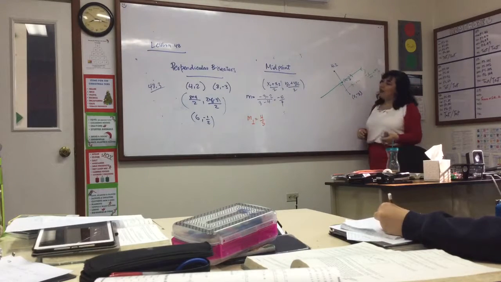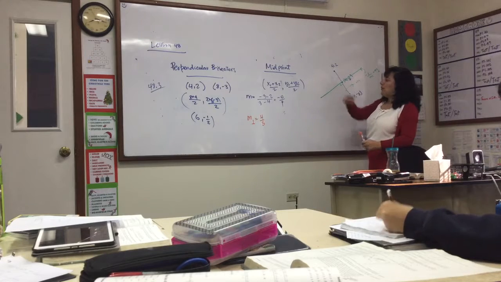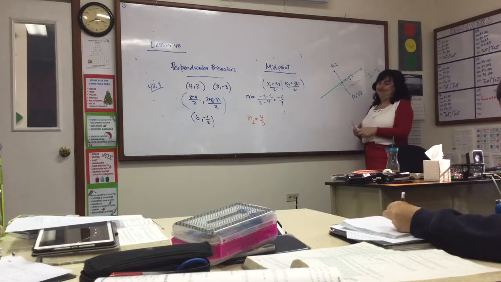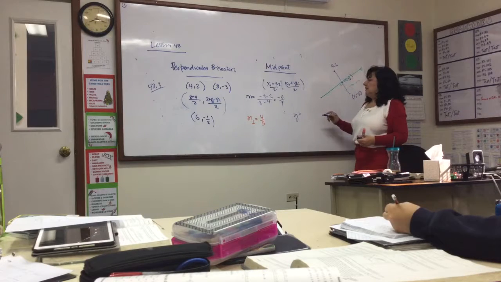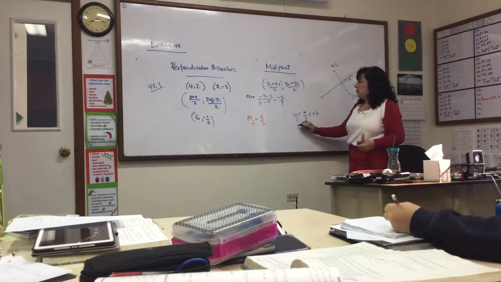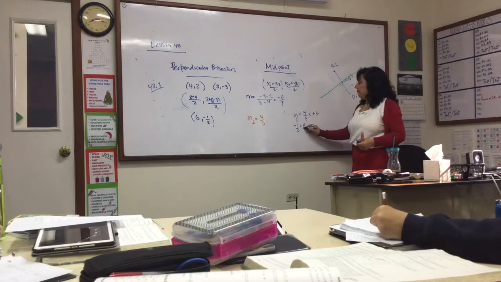So now, what do I do with that slope? Now I have that slope and the point. y equals mx plus b. So this would be 4/5 x plus b, and you substitute that x and that y, and we've got -1/2. And I think you can take it from here, right?